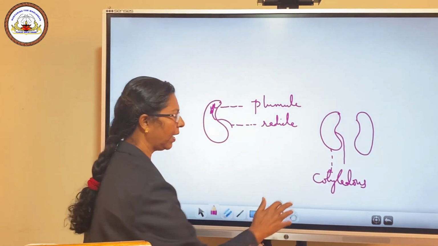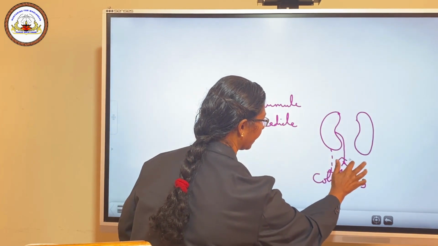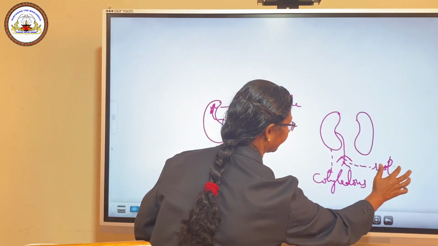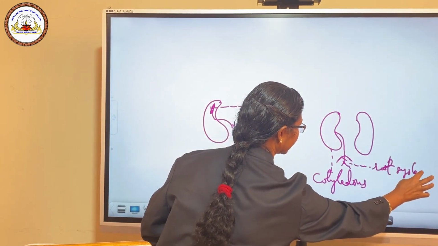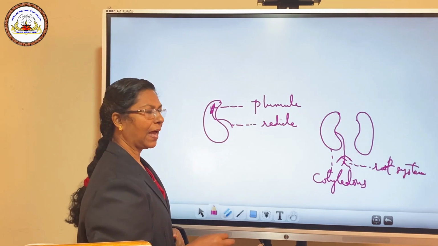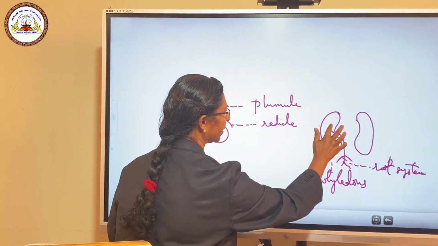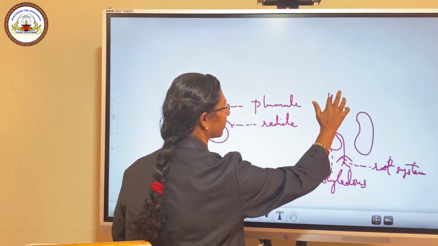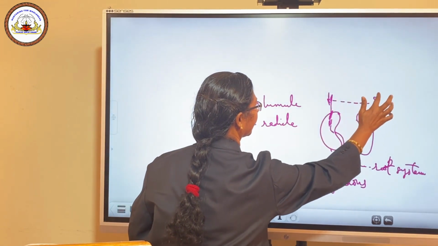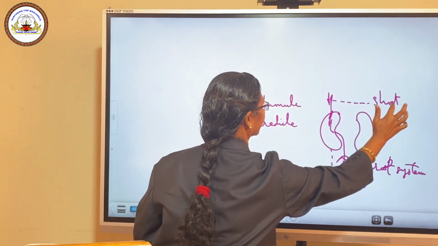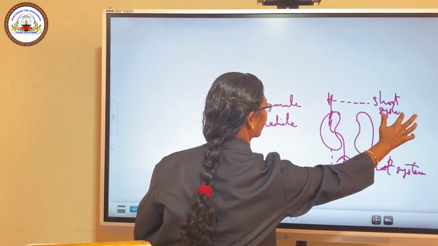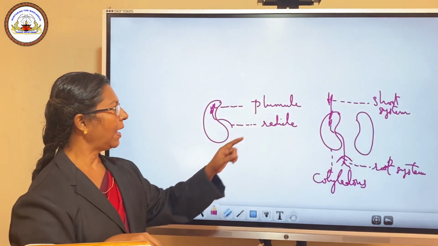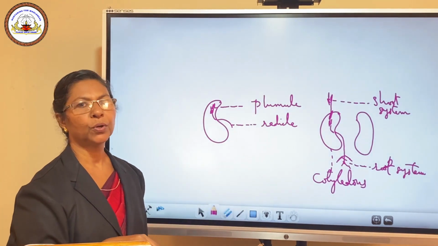It grows down and develops into the root system, and the plumule grows into the shoot system. So the radicle develops into the root system and the plumule develops into the shoot system.